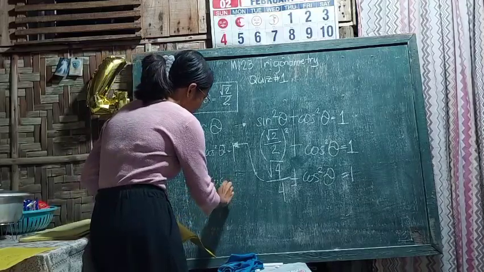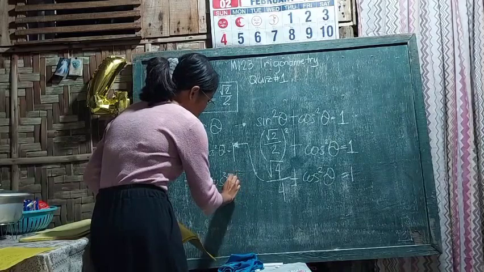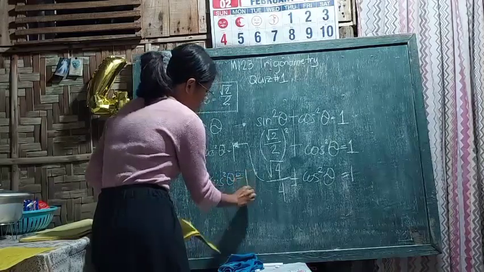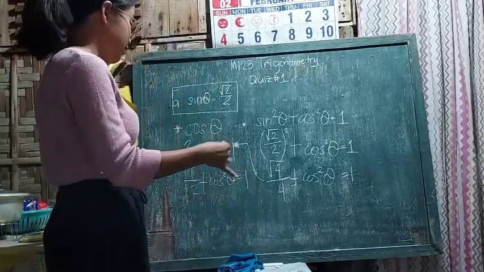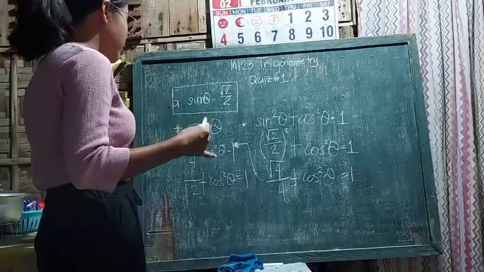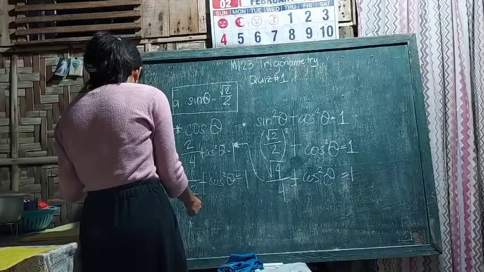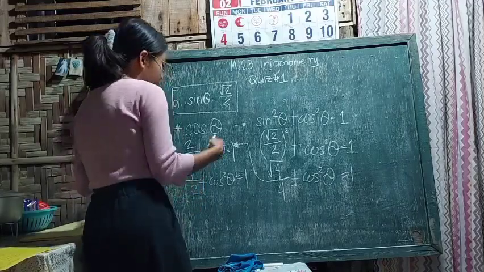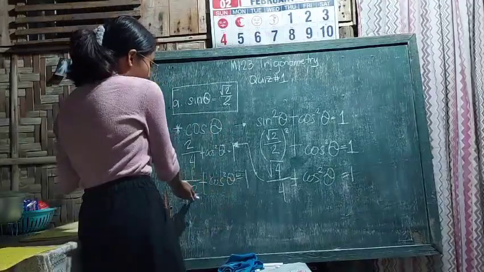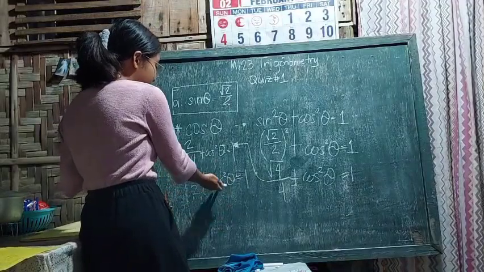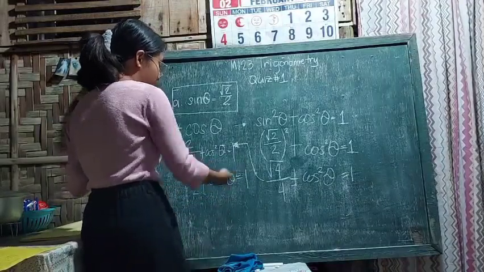I'm going to write that, equal to 1. Copy the rest of our formula. So we ended up with 1/2 plus cosine squared theta is equal to 1.